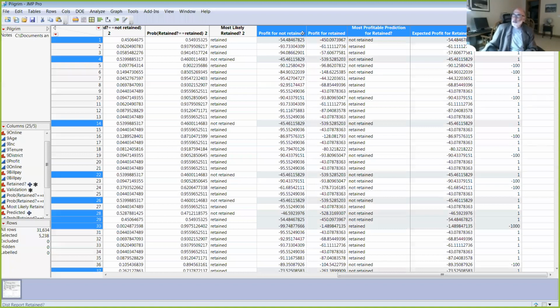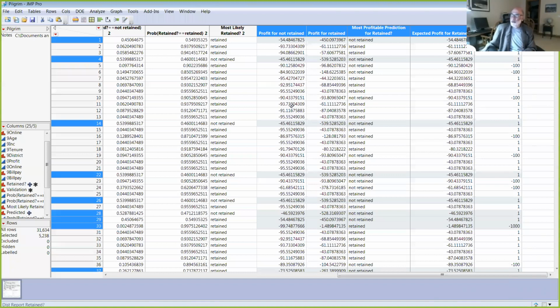It gives you how much profit you would make on each person if they're predicted to not be retained, or if they're predicted to be retained using that profit matrix. It says what is the most profitable prediction for each person, what is the expected profit we'll get, and it shows the actual profit that we get, which would be negative for all the errors and positive for all the non-errors here.